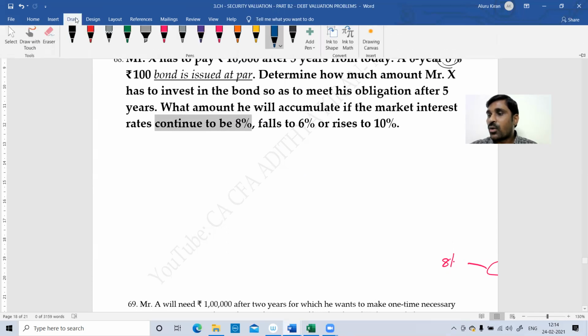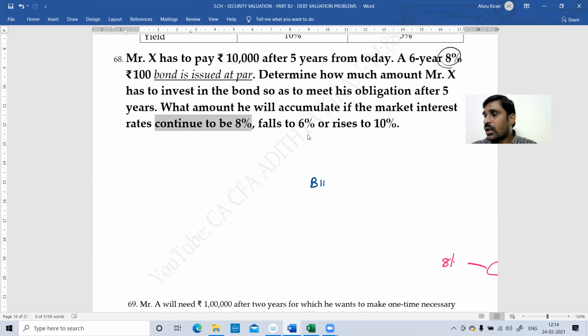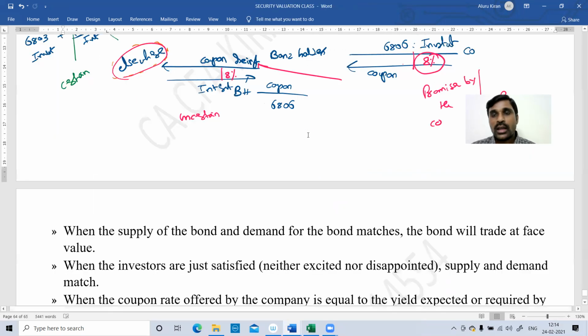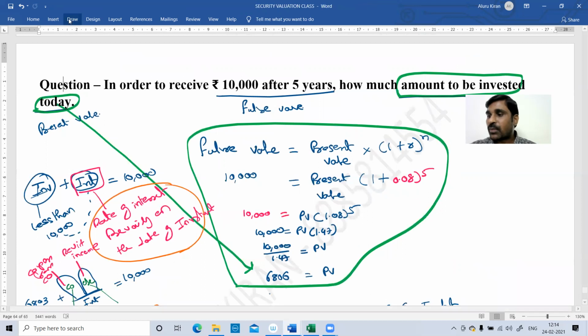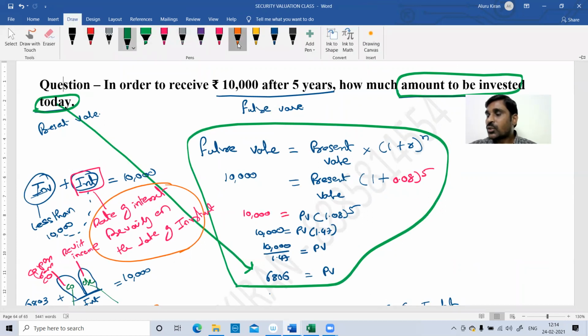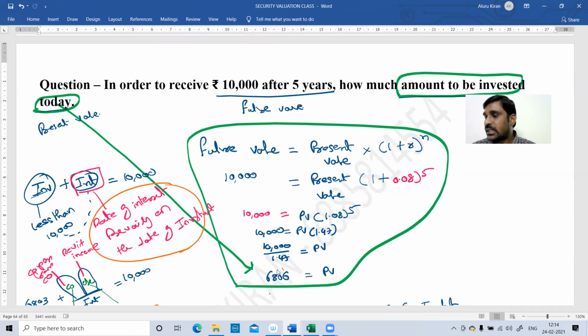The company is paying coupon. 6,806 is the principal amount of money invested in the bond, the face value worth of bonds purchased.